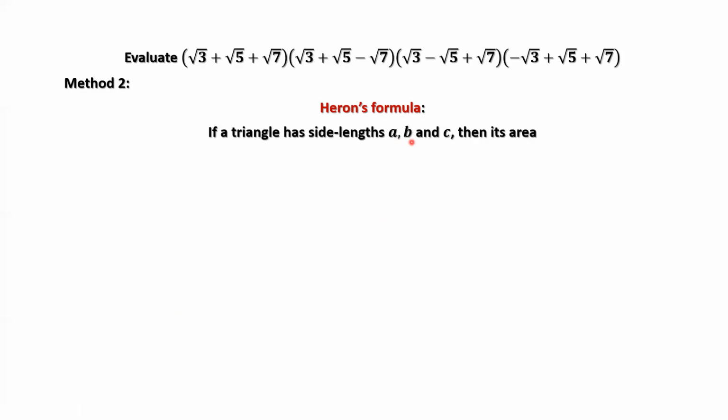If A, B, C are given, what is the formula for the area in terms of ABC? Area of this triangle equals square root of S times S minus A times S minus B times S minus C. What is S? S is the average of the sum of three sides.